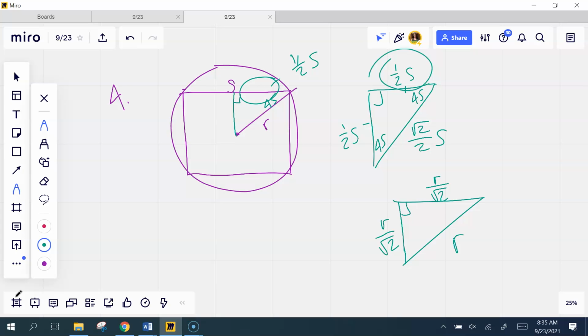That's using the R, this is using the S. I need to figure out how to write this with only R's. So what am I going to do?